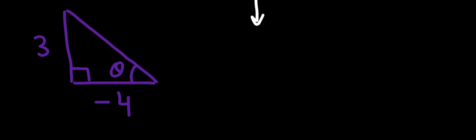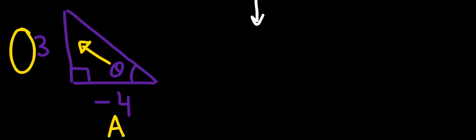We are going to look in the direction opposite to theta. That will be this, and I'm going to write a big O next to the 3. The leftover leg is the adjacent. Legs are the two perpendicular sides of the right triangle, and the side opposite to the right angle is the hypotenuse.